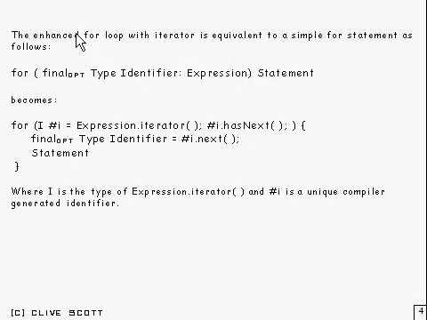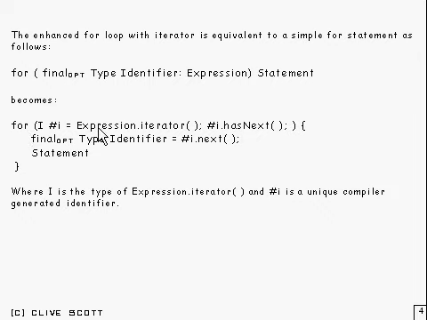Well, before I give you an example, let me just show you what that turns into. Here's what the statement looks like, where that yields an iterator, and it becomes this, where I is the type of expression.iterator.